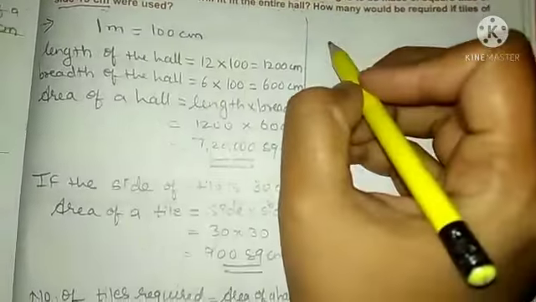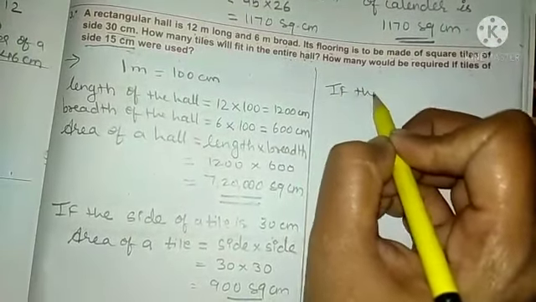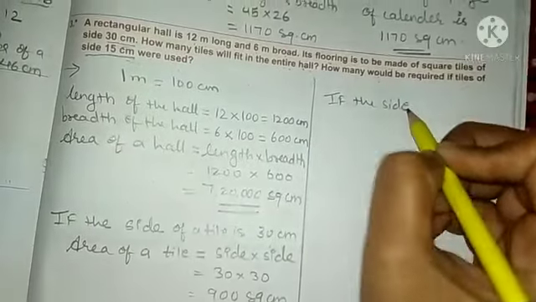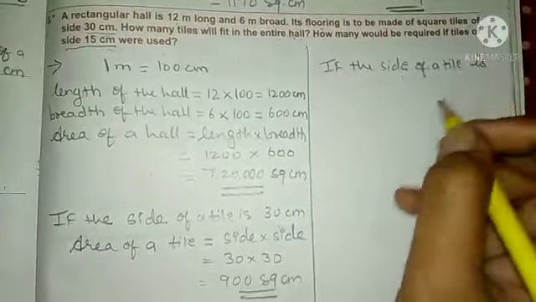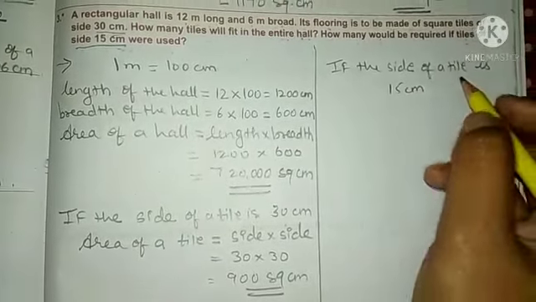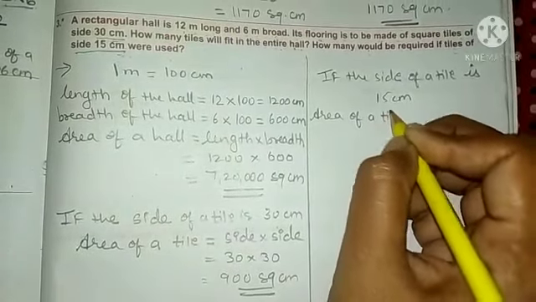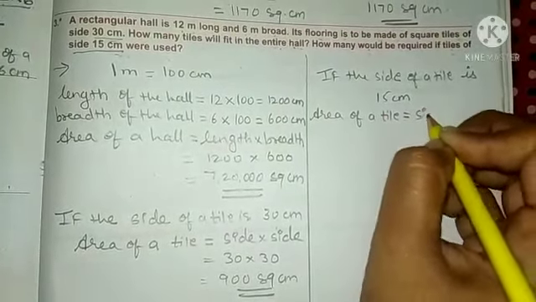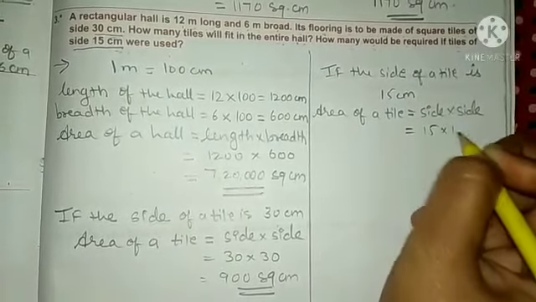So see, here we will find out. So if the side of a tile is 15 centimeter. Clear? So again, the formula, area of a tile, that is side into side, that is 15 into 15.